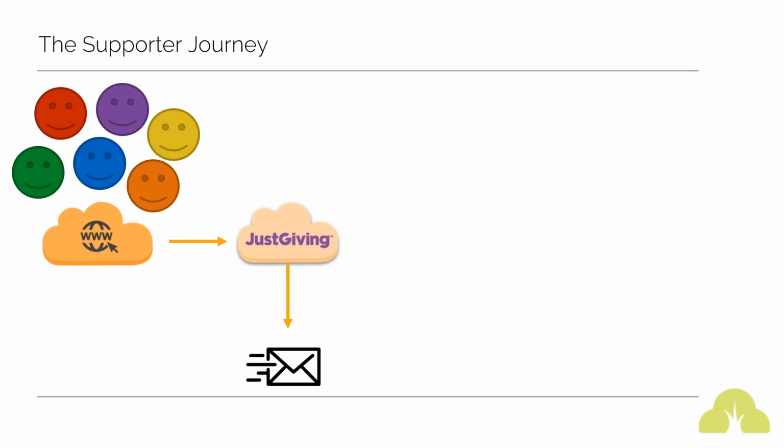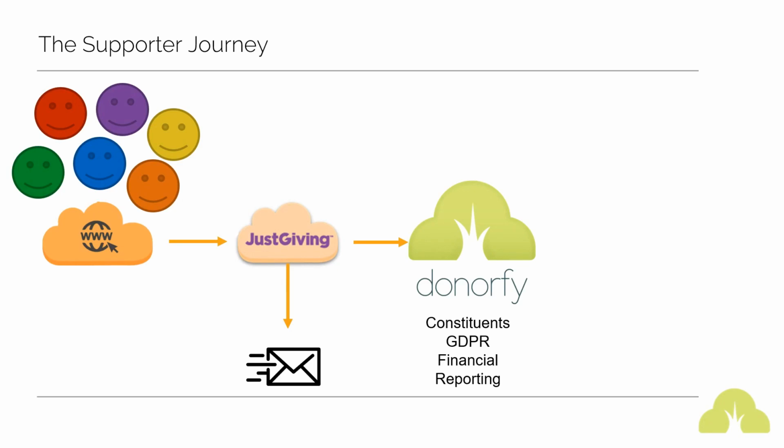And then that data is passed via the API into Donorfy. That API data will consist of the constituents, the GDPR preferences, and the financial data, which will then allow you to do the reporting.